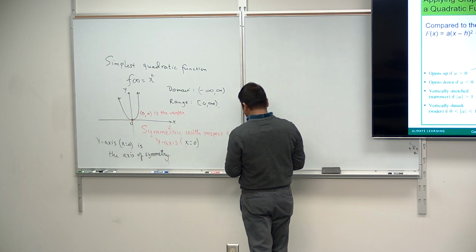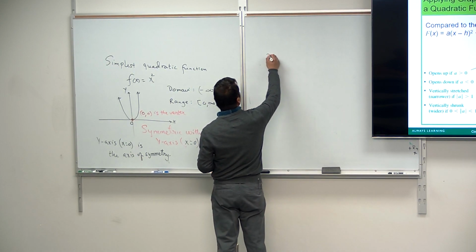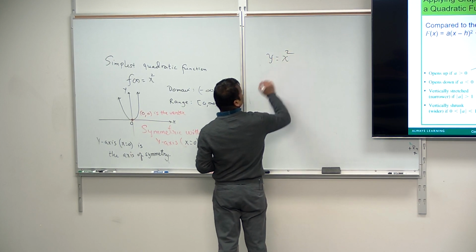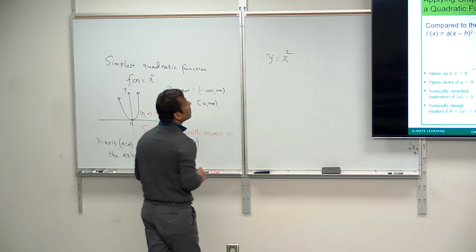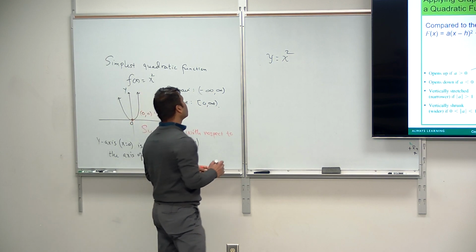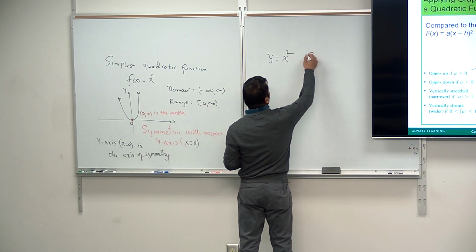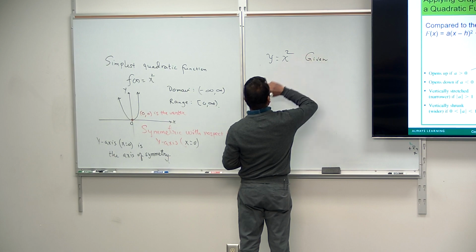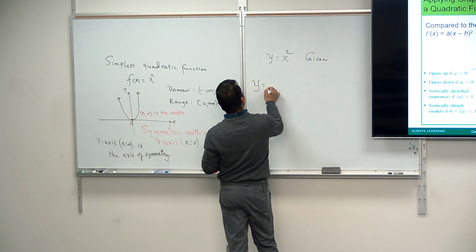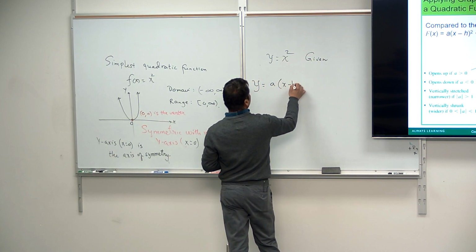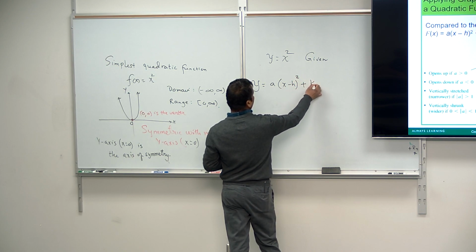So let's say this is the simplest parabola, y equal to x squared. Okay? So this is given. So now if you have a parabola, let's say y equals a(x minus h) squared plus k.